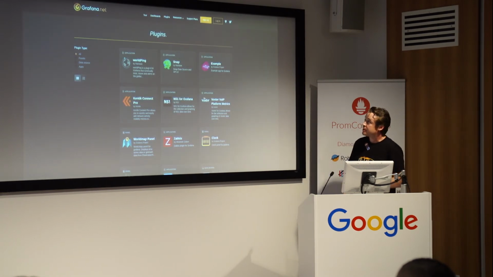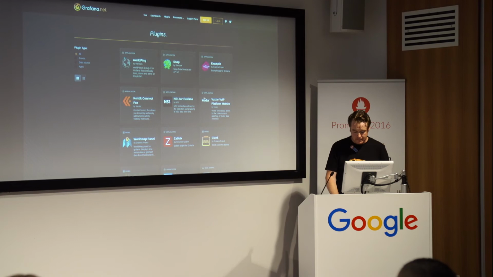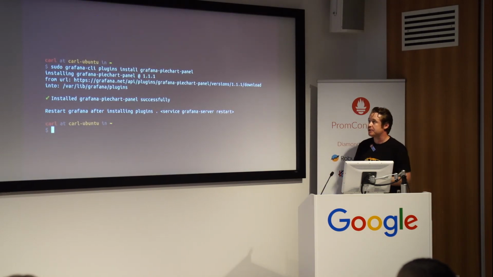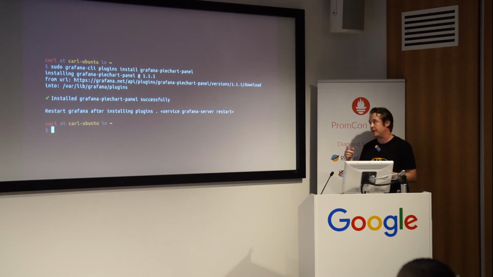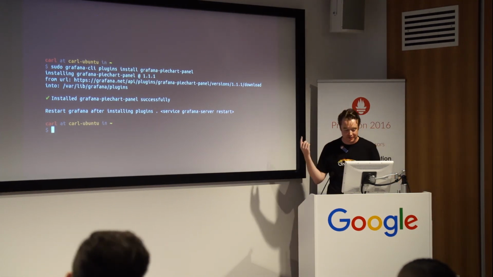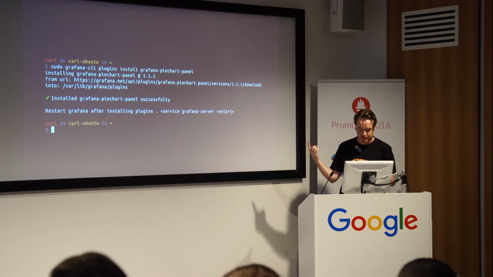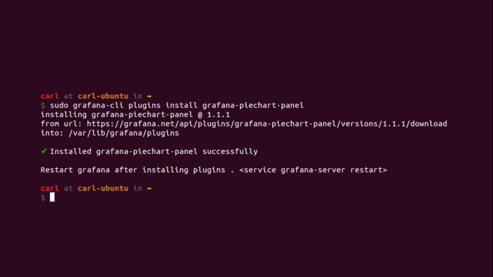And it looks something like this. If you want to install these plugins, you can just use the CLI tool that's bundled with Grafana. So plugin install grafana-piechart if you want to use the pie chart. I strongly suggest you don't use pie charts, but some people really want to.